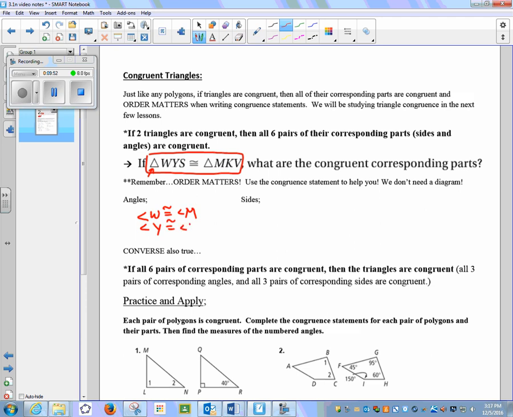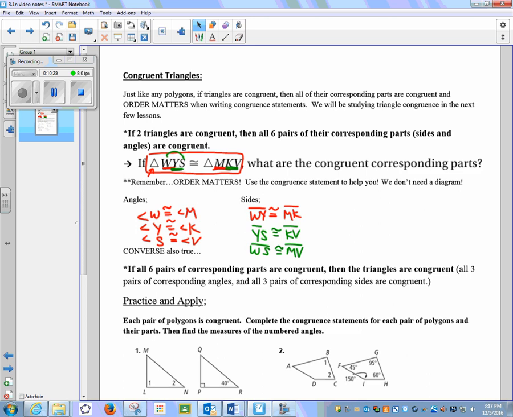Angle K, good, and angle S congruent to angle V. And then the sides, you would have WY, first two letters goes with first two letters. So WY congruent to MK. Second two letters, YS congruent to KV. And then first to last, WS congruent to MV. And again, you could have done SW to VM.